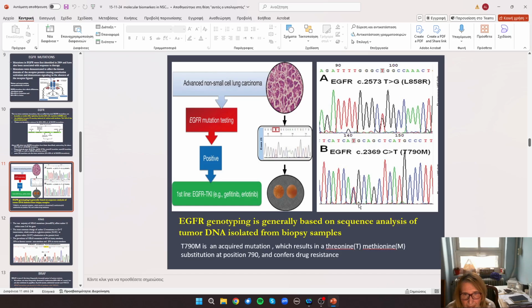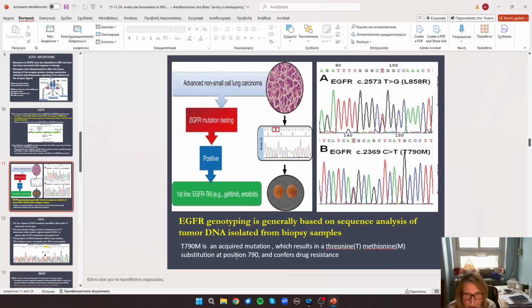Patient B has this mutation, T790M, meaning that in this position we can see two peaks instead of one, which is the normal, two peaks where cytosine has been replaced by thymine.